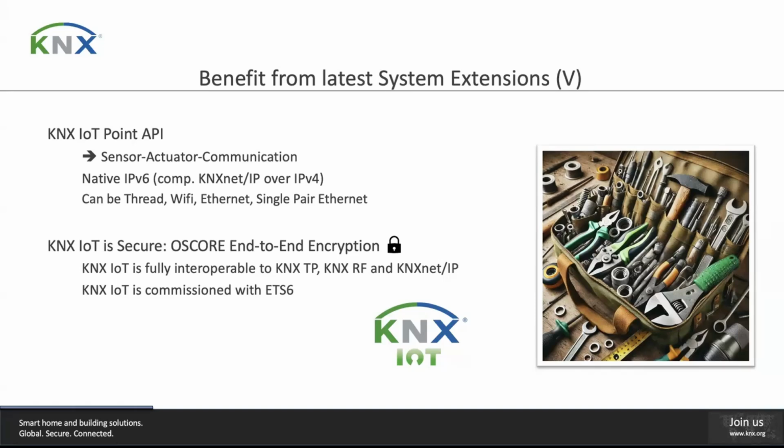So you have your IoT devices in ETS, you have your RF devices in ETS, your IP and your TP, twisted pair devices, all inside ETS, all working in exactly the same way. So you can bring these into any project, even if it's 20 years old, highly backwards compatible, as we know. So excellent advantages with the IoT system extension.